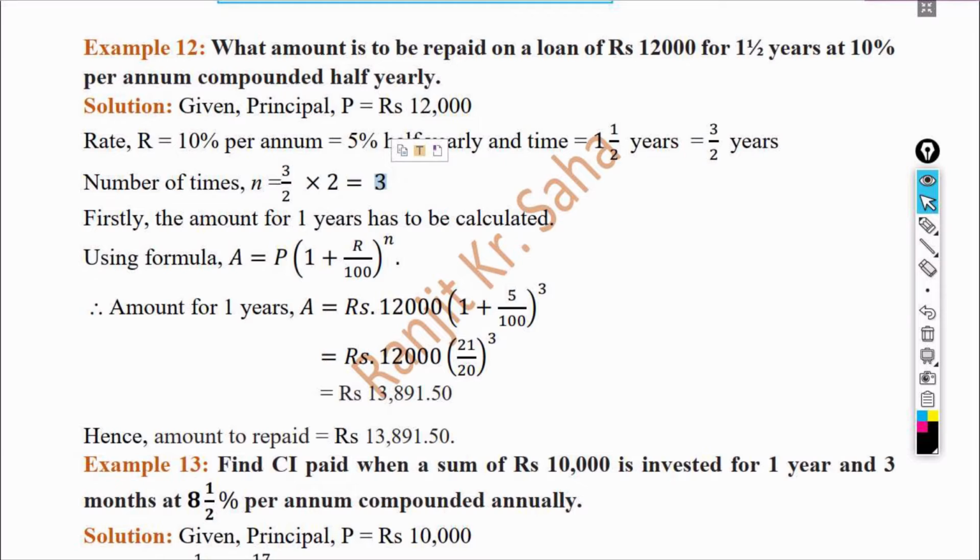First of all we have to find the amount for 1.5 years, and for that rupees 12,000 is the principal. P into 1 plus 5 by 100 to the power 3.